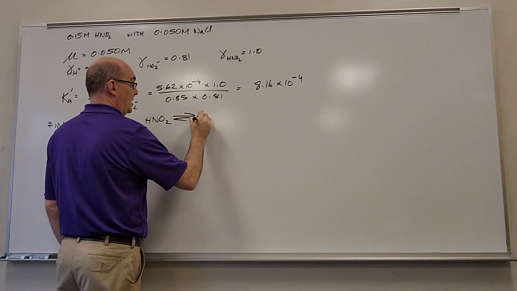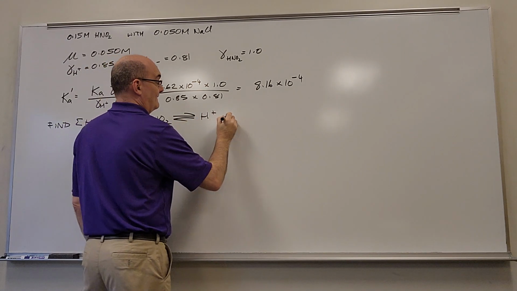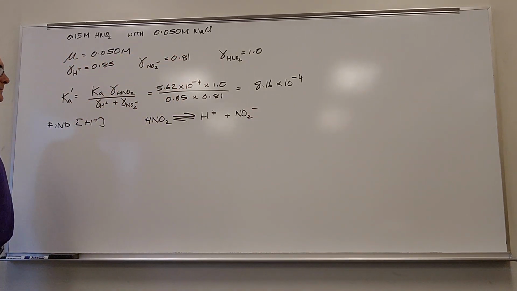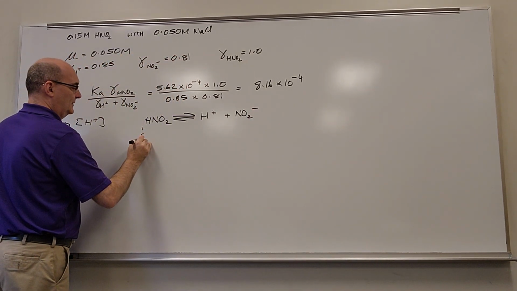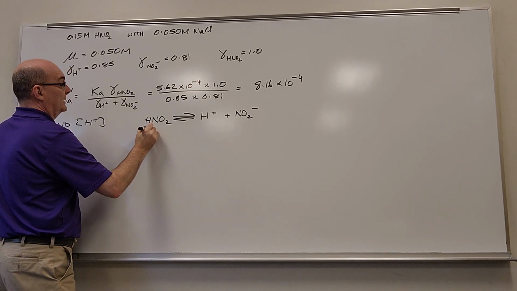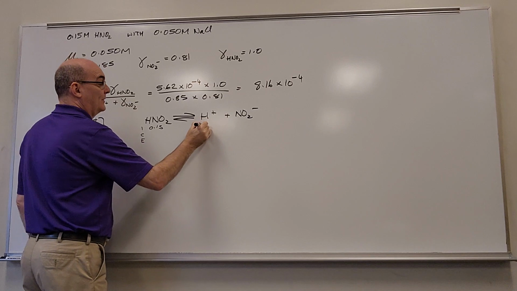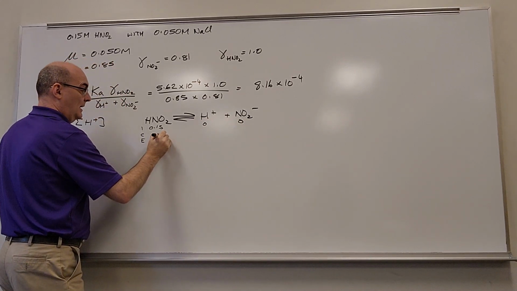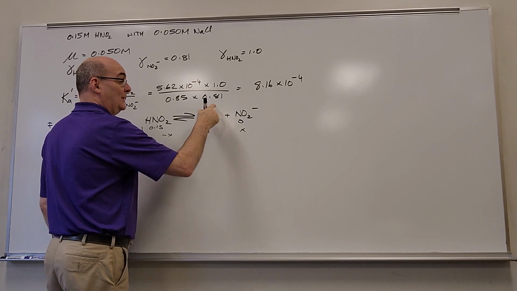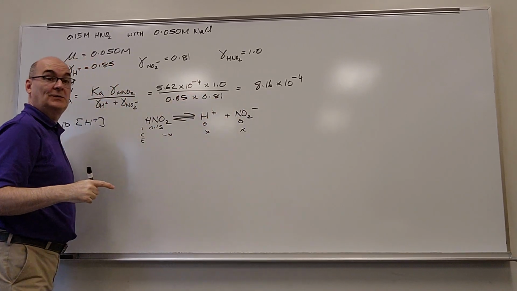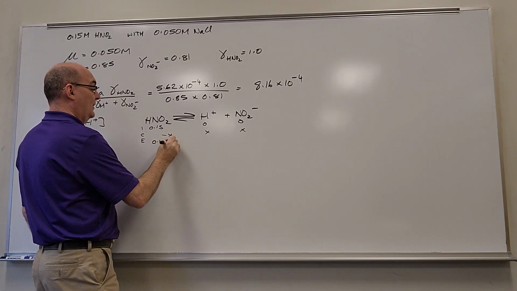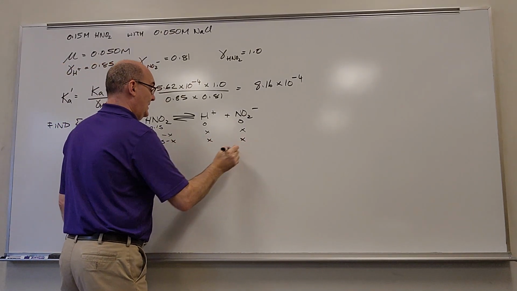And nothing has changed here. A change and an equilibrium, my initial concentration is 0.15. There is none of this, none of that. I'm going to lose some of this, make some of that, make some of that. These have to be equal numbers because they're equal to each other stoichiometrically. So at equilibrium, I have this and this.